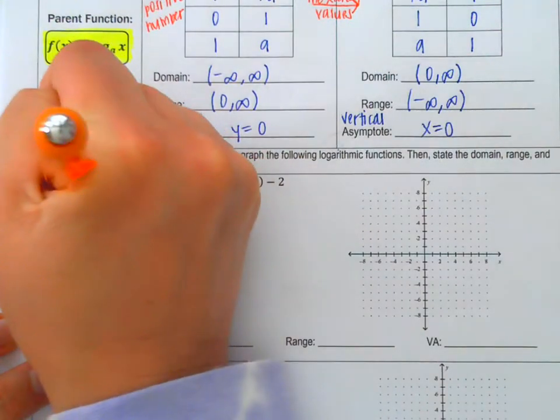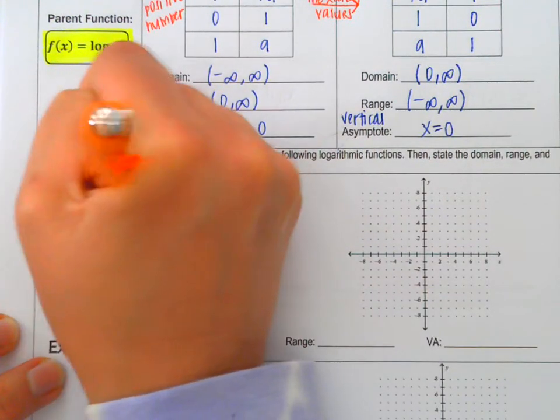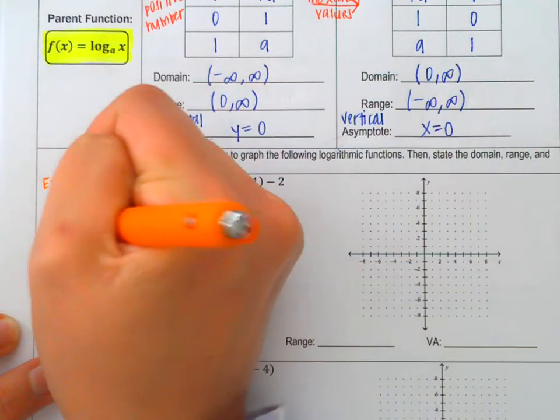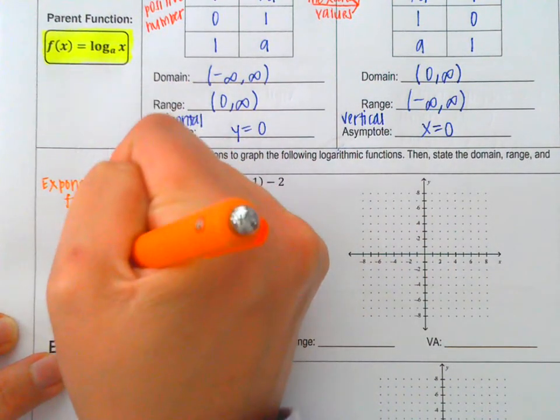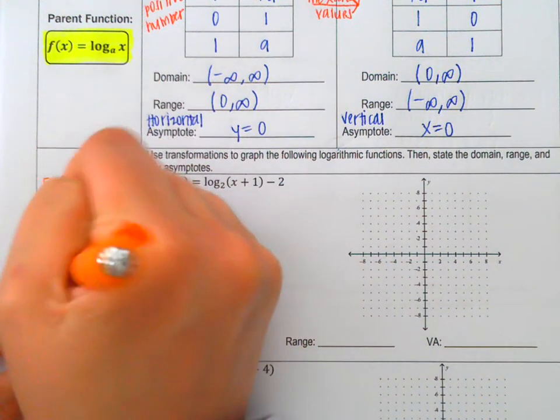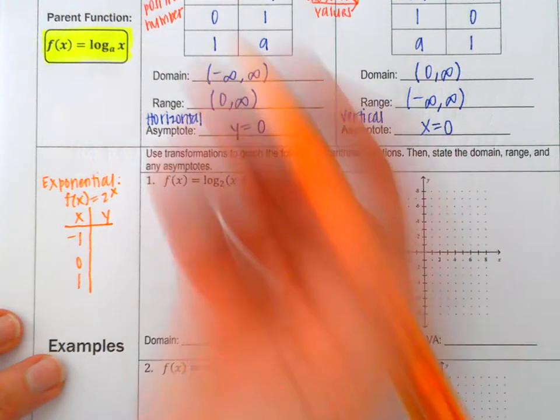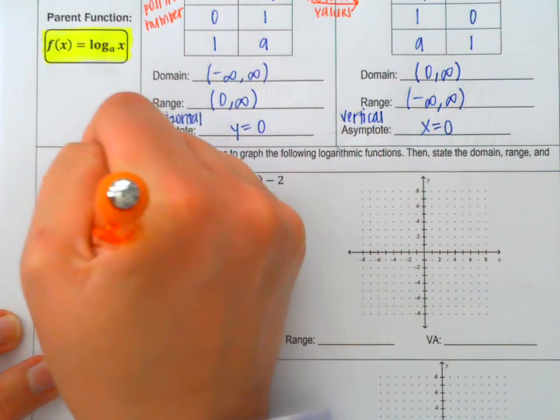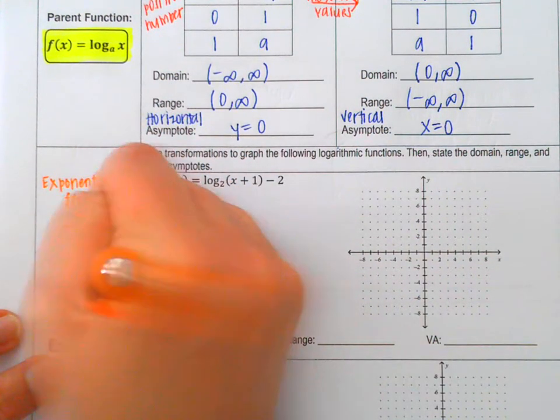So we would go f of x is equal to 2 to the x. Write our table for the exponential: -1, 0, 1, just like we did in 5-3. It would be 1 over 2, 1, and 2.